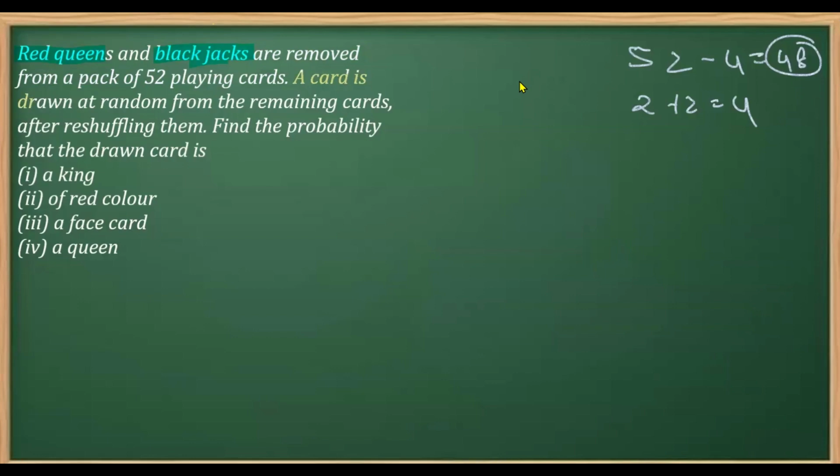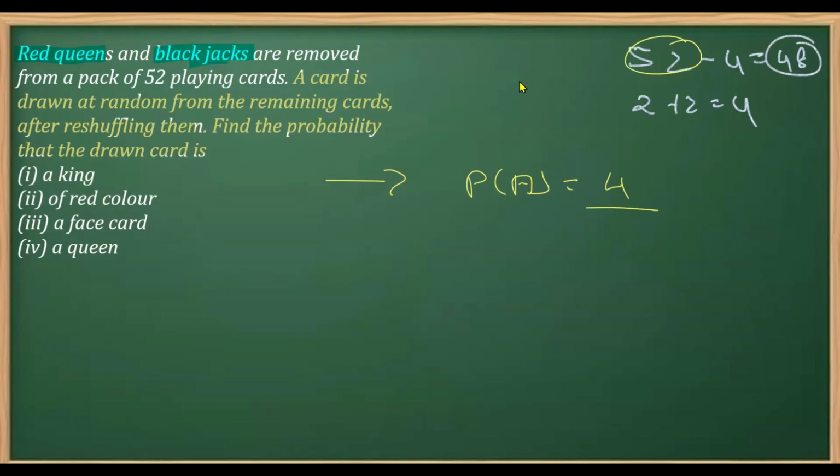A card is drawn at random from the remaining cards after reshuffling them, and we have to find the probability of these four cases. The first is what? A king. Well, there are four kings, and as you can see the kings are not removed here, right? So the number of kings remains the same. If I write the answer for the first part, P(A), 4 kings are there and 48 cards are there.